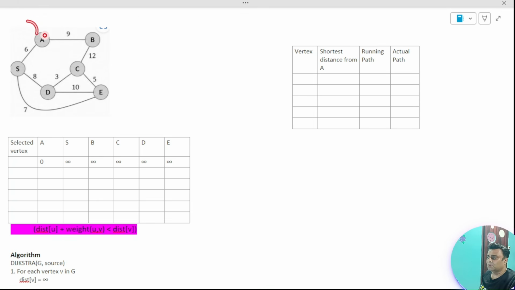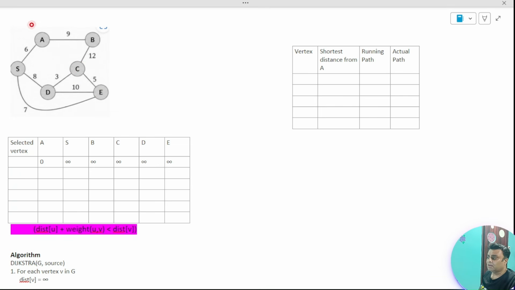So if I have to come to A just from outside of A, I'll be crossing a distance of 0. I'm almost at A and I'm coming to A, which means I'm at a distance of 0. Why am I saying that? From A, I want to find the shortest ways in which I can reach B, C, D and E. That is what I will try to achieve.